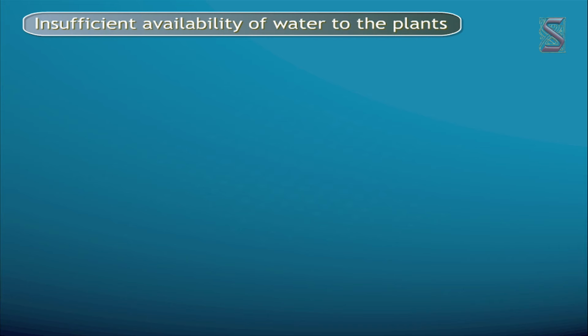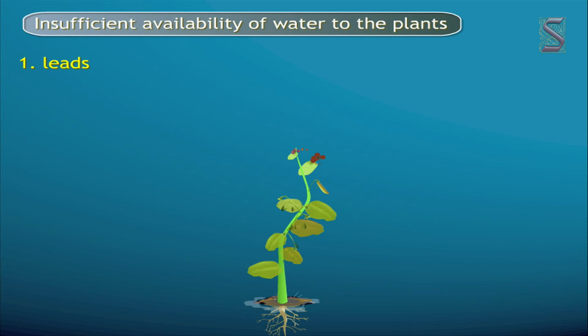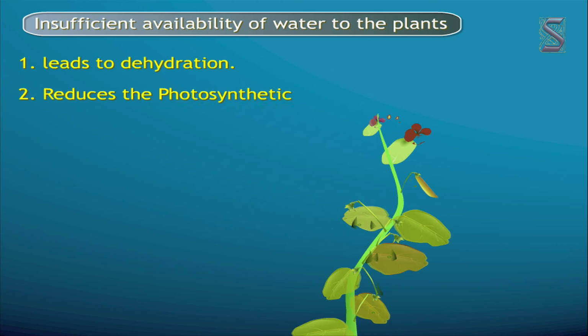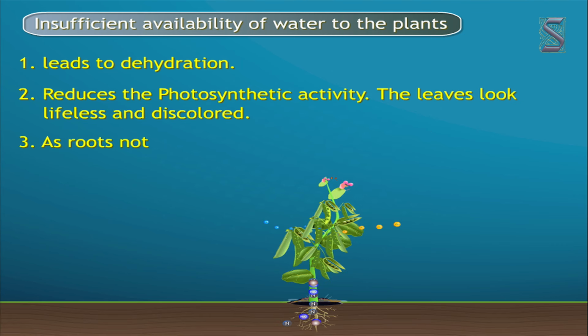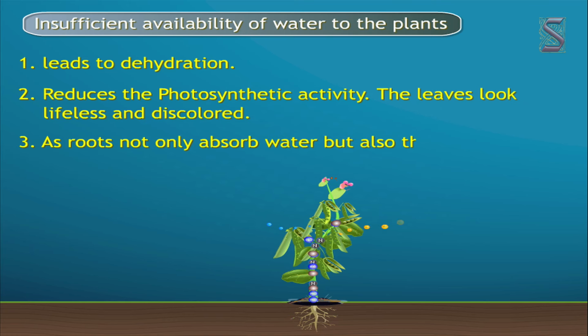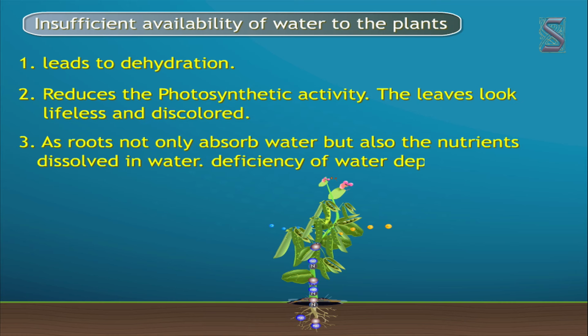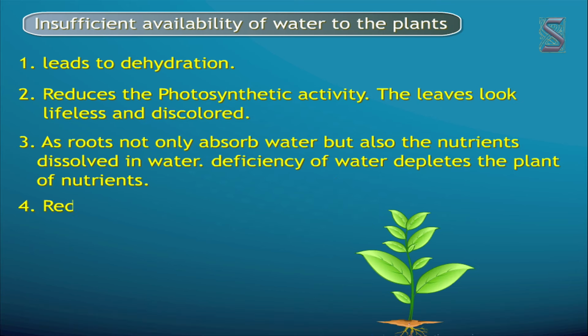Insufficient availability of water on the plants leads to dehydration, reduces the photosynthetic activity. The leaves look lifeless and discolored. As roots not only absorb water but also the nutrients dissolved in water, deficiency of water depletes the plant of nutrients, reduces the transportation of materials.